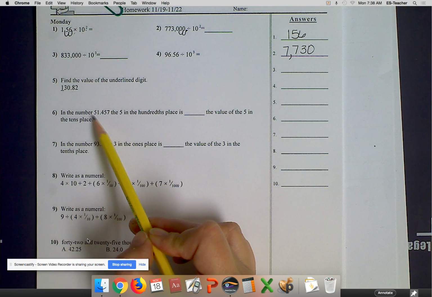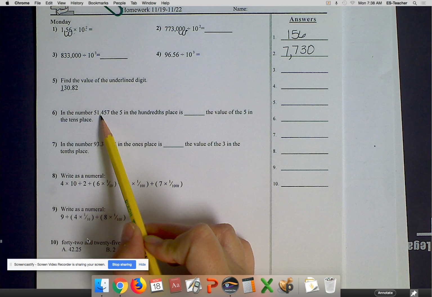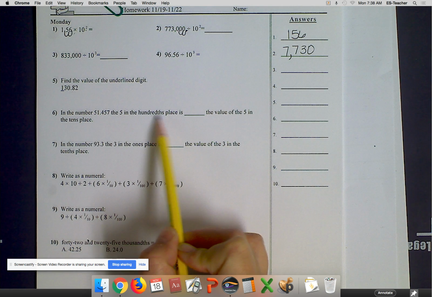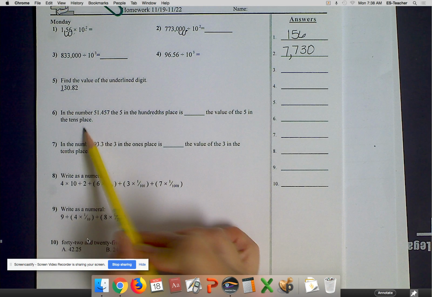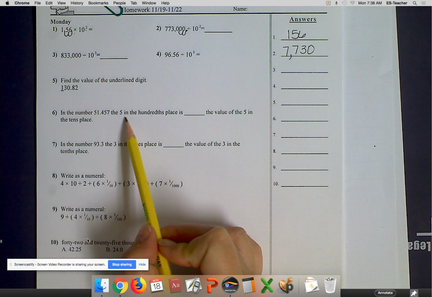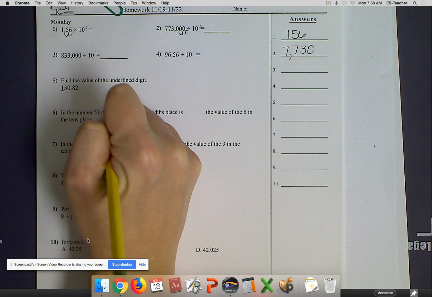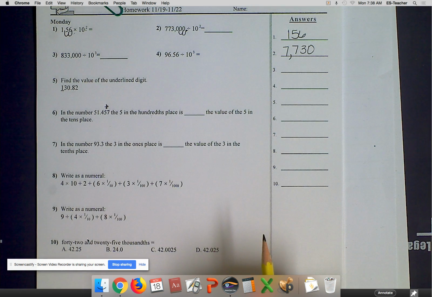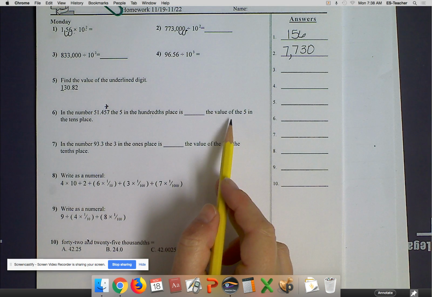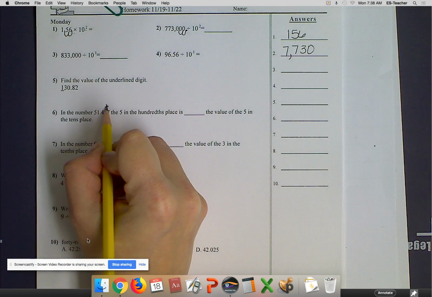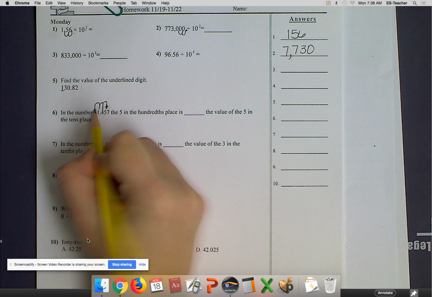All right, so number 6, we've been doing these, but I'm going back to it. So in the number 51 and 457 thousandths, the 5 in the hundredths place is blank the value of the 5 in the tens place. Remember, we're going to star where we start. So we're talking about the 5 in the hundredths place, and we're comparing it with the value in the tens place. So 1, 2, 3, right?